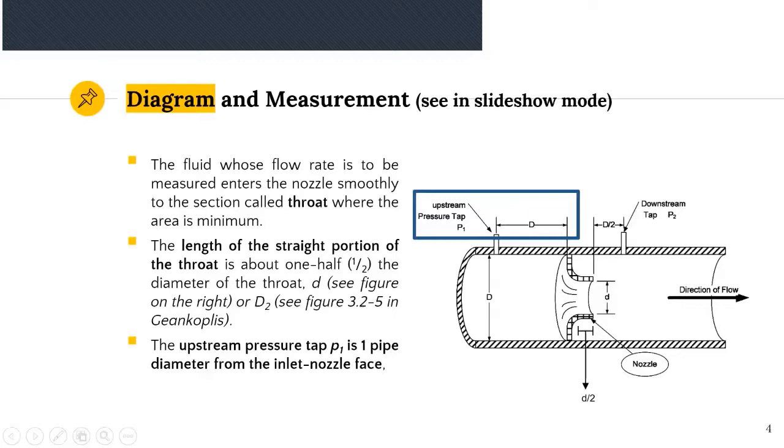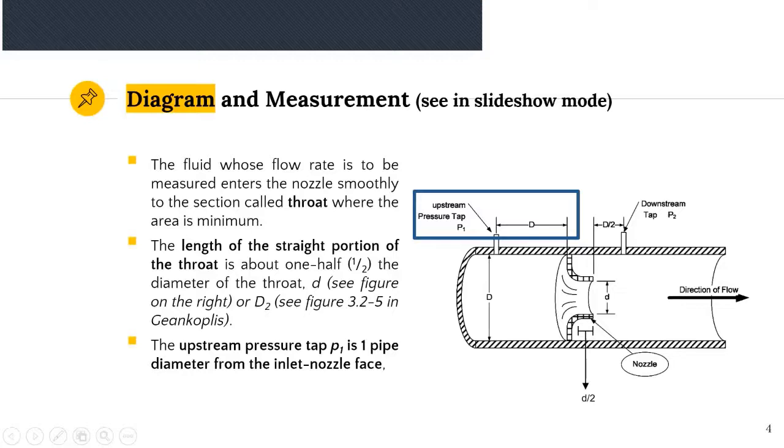The diameter of the throat is represented by the small d, while the diameter of the pipe is the capital D. The length of the straight portion of the throat here is only half of the diameter of the throat.